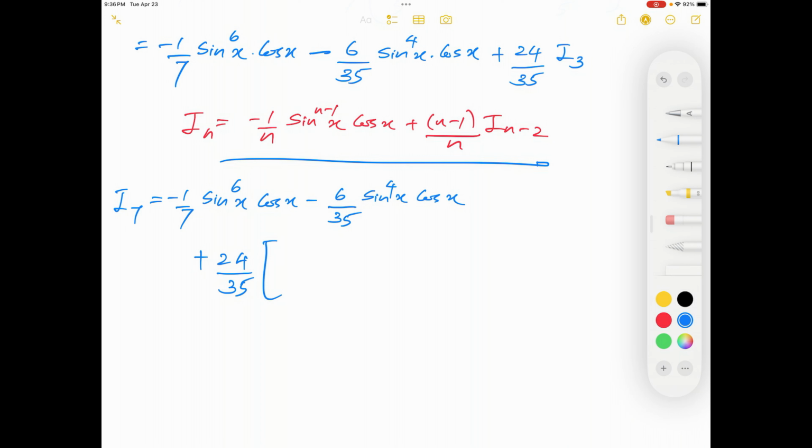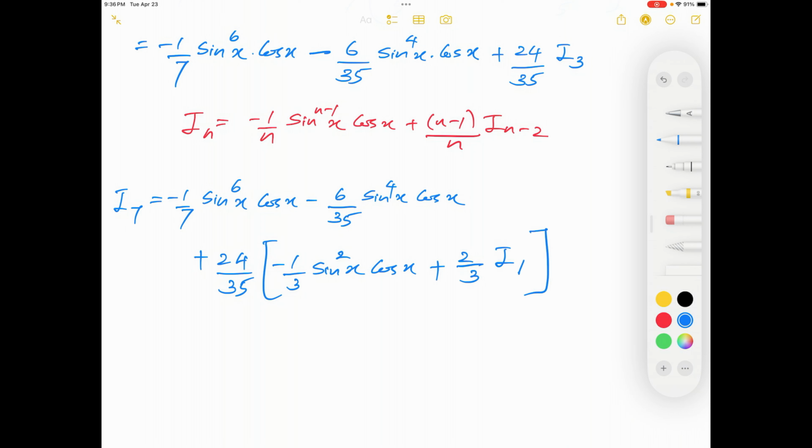I will open brackets and apply this recursion with n equals 3. It will be negative 1/3 sine 3 minus 1, which is squared, x cosine x, plus this term, 3 minus 1 is 2, over 3 I, 3 minus 2 is 1.